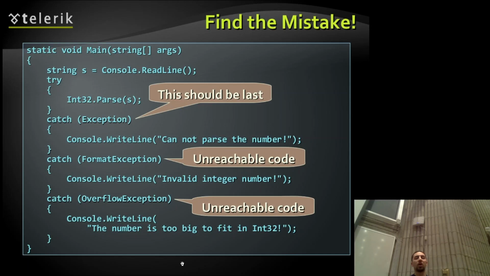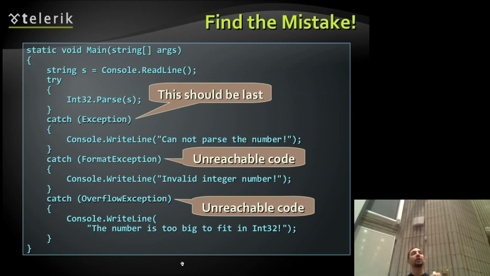Here's a problem, though, with catch blocks, and it's something beginners will often struggle with. Catch blocks are like if-else blocks. They are evaluated in the order that they are presented. So, in this version of the code, you will never see invalid integer number or this number is too big to fit in int32.